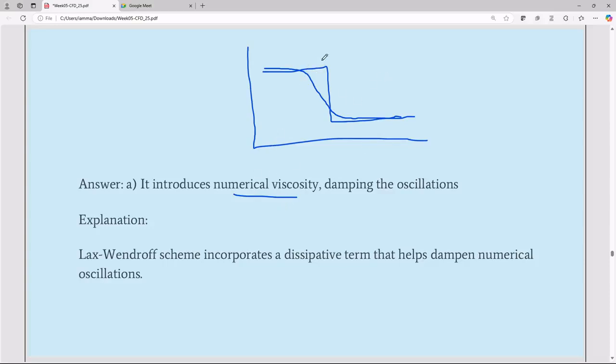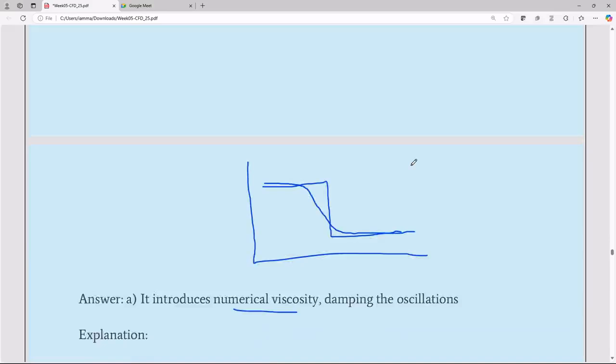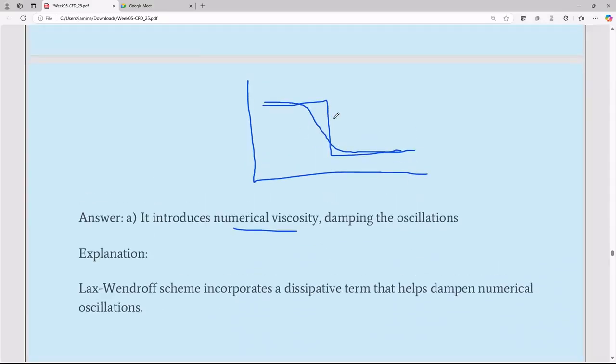It's generally a negative term, but in the case of advection problems, this negative property will actually help.